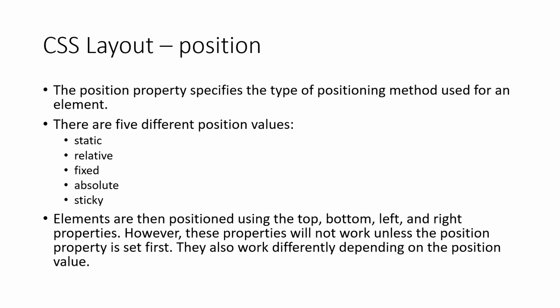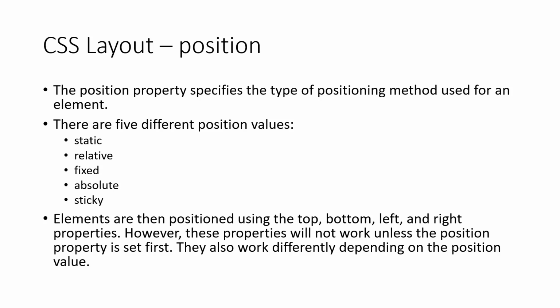Okay, so I think we'll start with the new part, especially when you want to use the position property. Now, how do you position the element? When you talk about positioning, we can talk about 5 different position values: static, relative, fixed, absolute, and sticky. Then we can also use different properties.